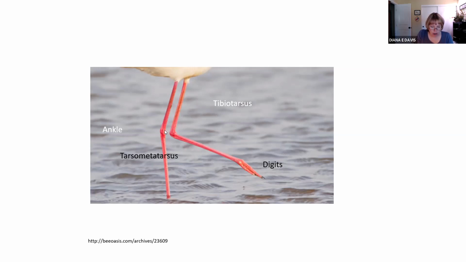We have our tibiotarsus. We have our ankle down here. Then we have the tarsometatarsus. So this is kind of the bird's equivalent of our foot. This is the bird equivalent of our lower leg. And then we have the digits, which are the bird equivalent of our toes.